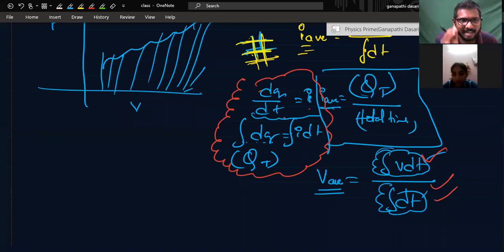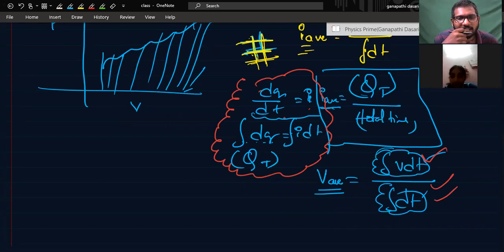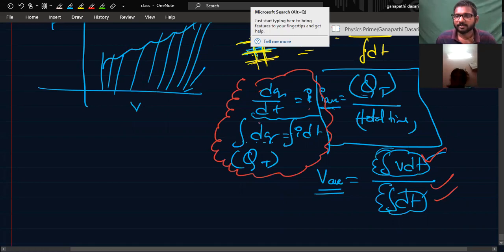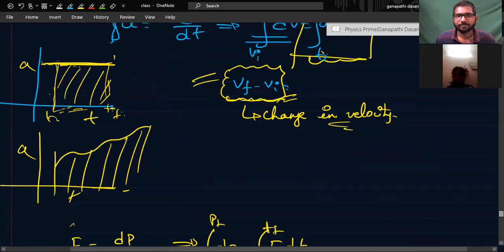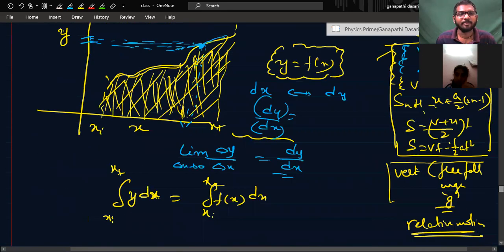If you learn the starting concept carefully, entire physics becomes simple because the same concepts will be repeated and revision happens automatically. So be careful. Whatever I taught today, these graphs, is a highly important concept. Only one point I took: area under the curve from integration.